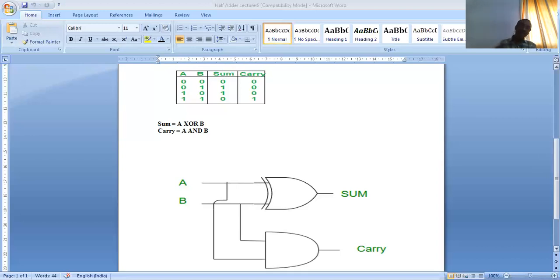How many NAND gates are we going to use? Draw. At least you should try. Unless and until you think and try, you can't understand physics.